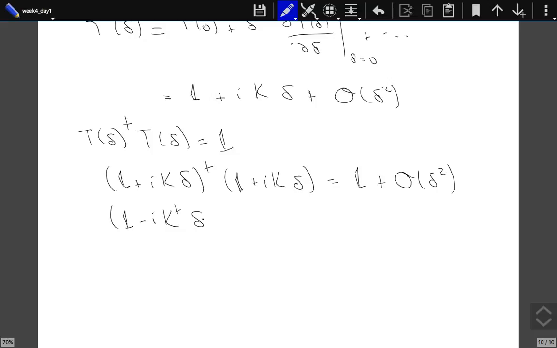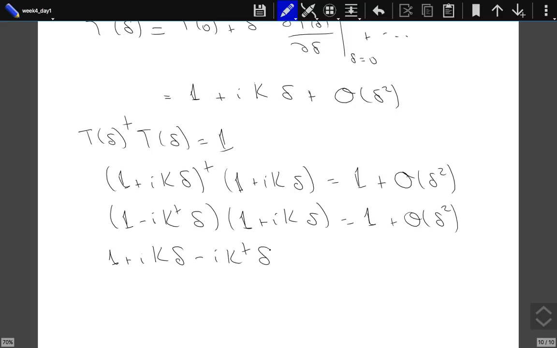So 1 plus iK delta minus iK dagger delta plus terms of the order of delta squared.